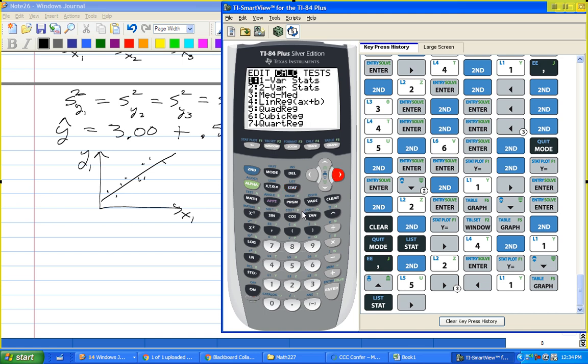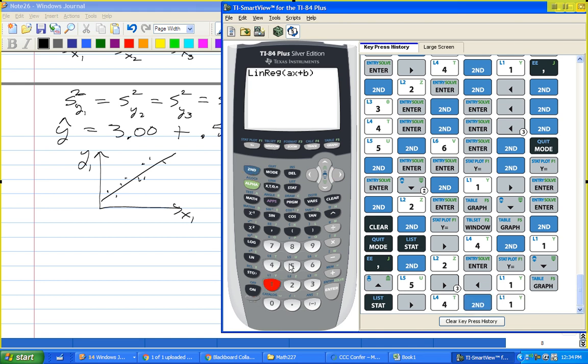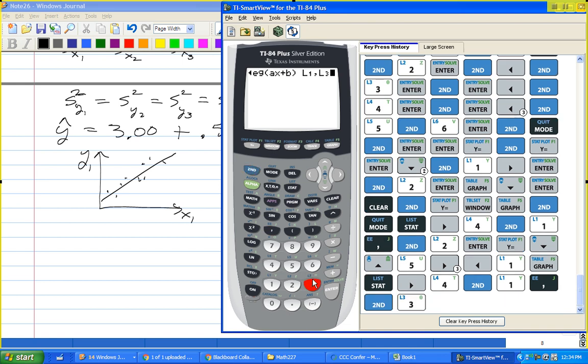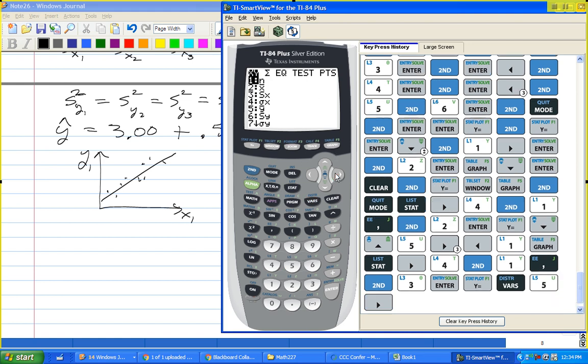let's look at 4. L1, L3. Three. Okay. And so let us plot this. Let's go to my equation. Let's plot that. Okay, good.